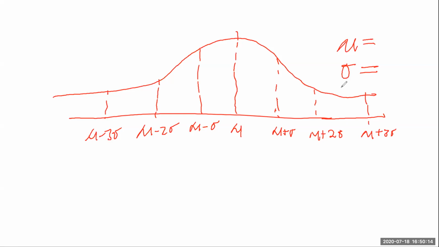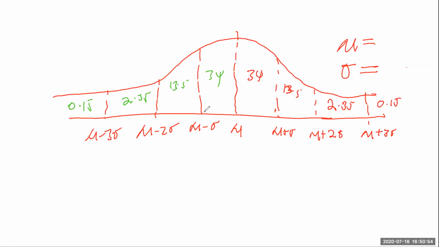And these will be given to you. So just plug them in to complete your table. And know that this is 34%. You have to know that percentage. And this is 13.5. And this is 2.35. And this is 0.15 right here. Now this is symmetrical. So whatever you have here, you only need to know half of it. So now you realize that this is also 34. This is 13.5. This is 2.35. And this is 0.15.